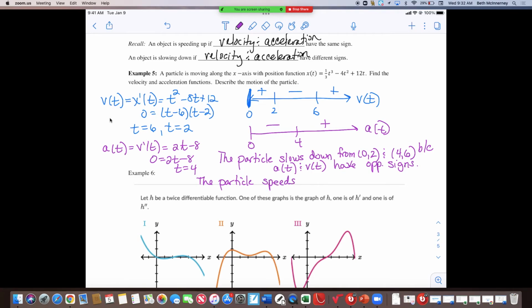And the particle speeds up from 2 to 4 and 6 to infinity because acceleration and velocity have the same signs.